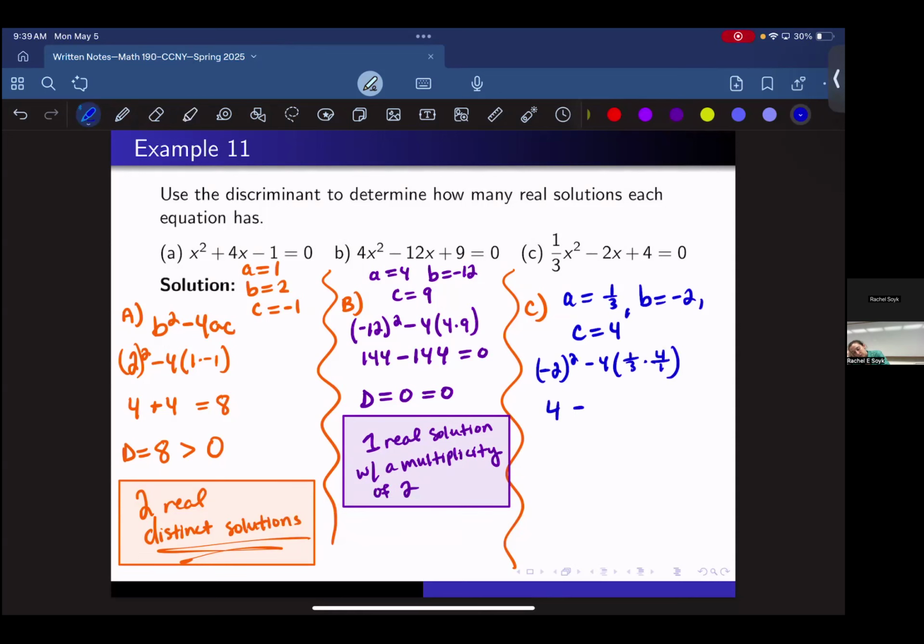So we get 4 minus 16 over 3, which is definitely going to be less than 0, which means we have no real solutions, only imaginary.